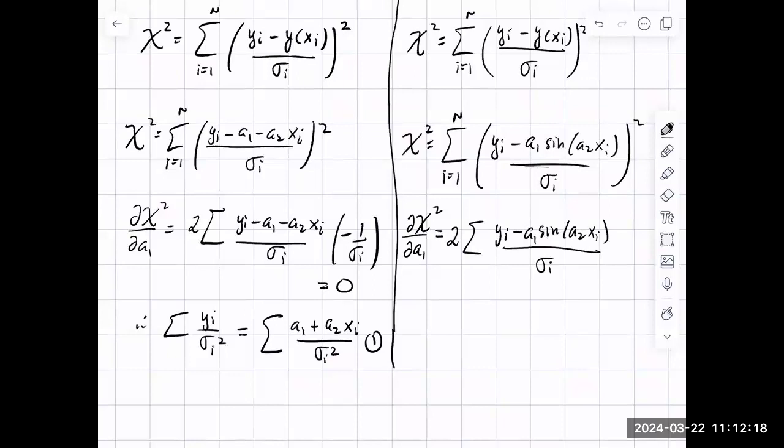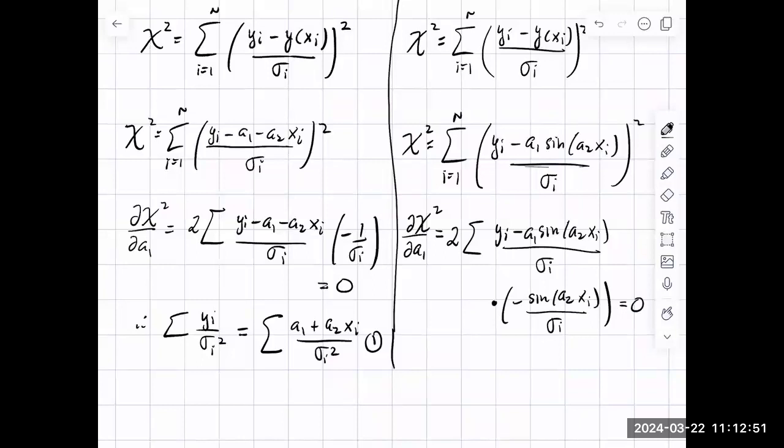Then we have to take the derivative of what's inside, and here's where we get our first bit of a problem. We get minus sine of A2 x_i divided by sigma_i. So we have to multiply all of this by minus sine A2 x_i over sigma_i, and then that has to be equal to 0.